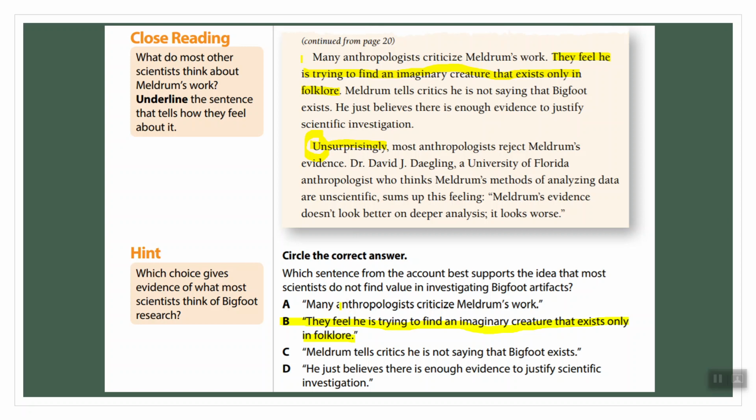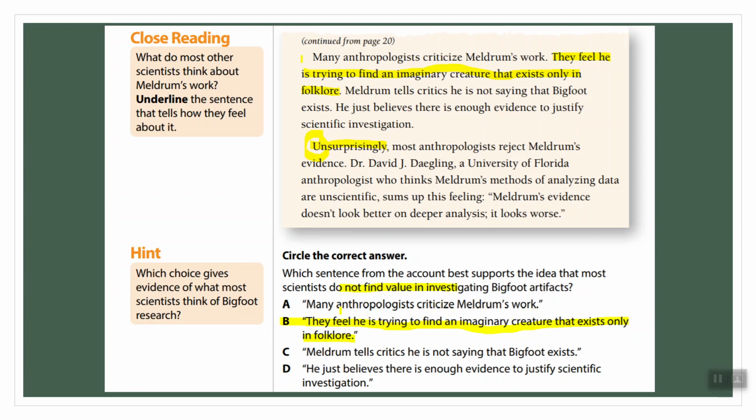Now, this one was a little tricky because I was confused between A and B, and I had to look closely at my question. The question said, which account best supports the idea that most scientists do not find value in investigating the artifacts? A says many anthropologists criticize Meldrum's work.